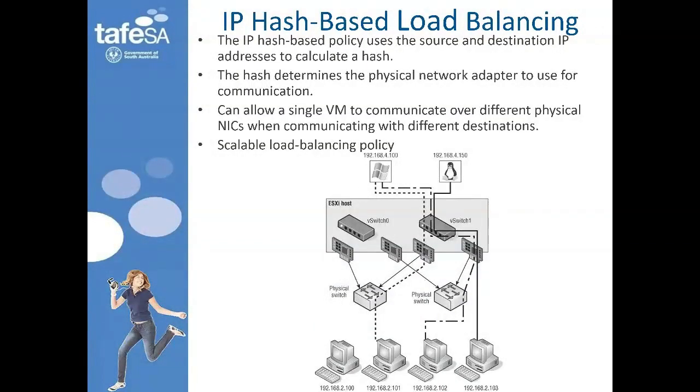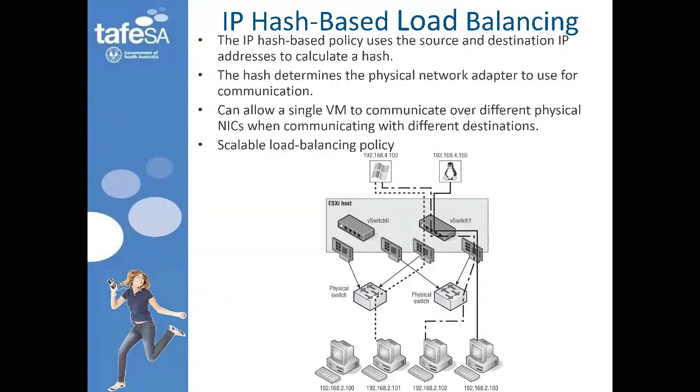The IP hash policy uses the source and destination IP addresses to calculate a hash. The hash determines the physical network adapter to use for the communication. This can allow a single virtual machine to communicate over different network cards when communicating with different destinations. So this is probably the best.